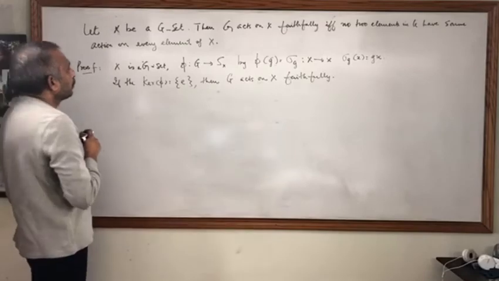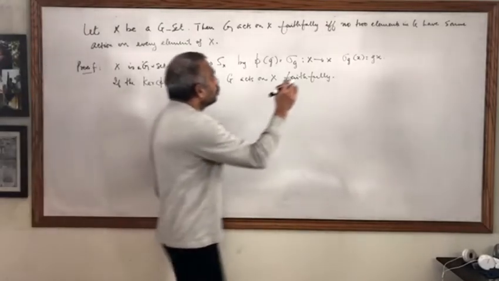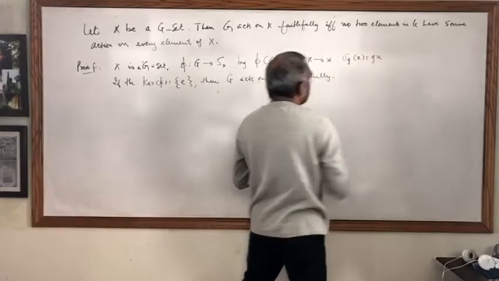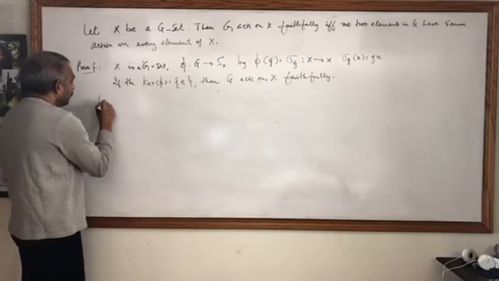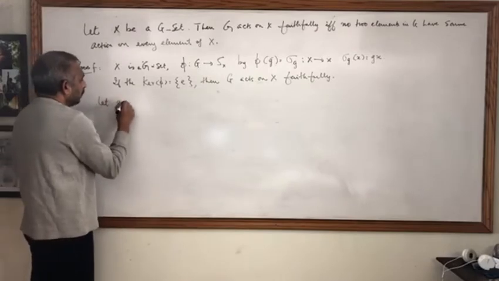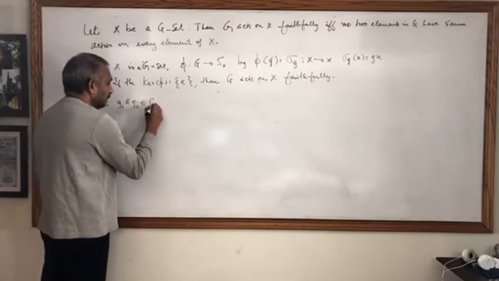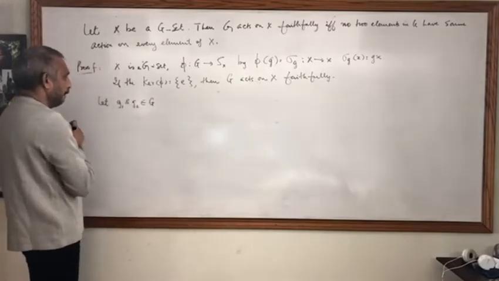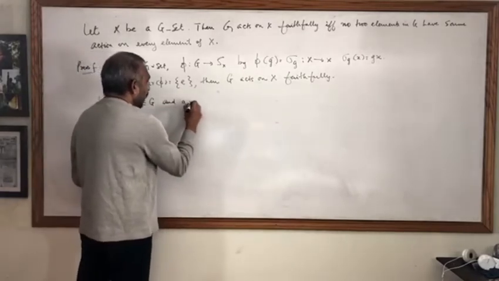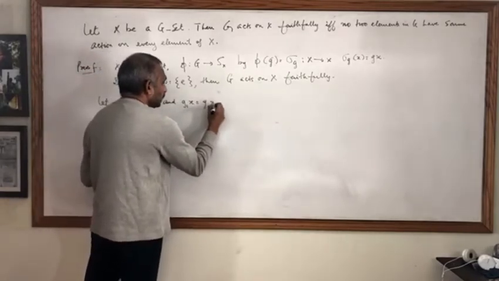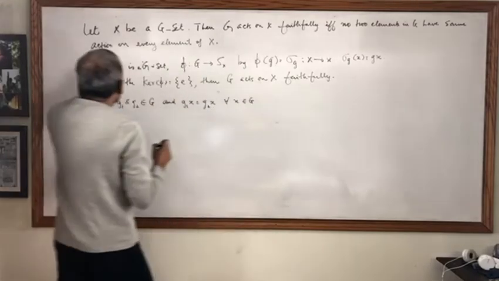So here what we need to do is take two such permutations. Let g1 and g2 belong to G, and g1x is equal to g2x for all x in X. That's what it says.